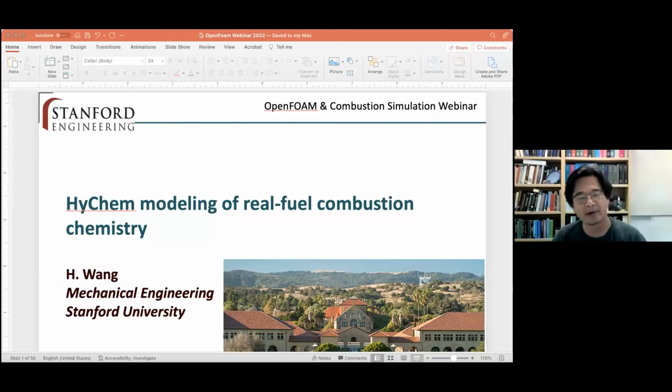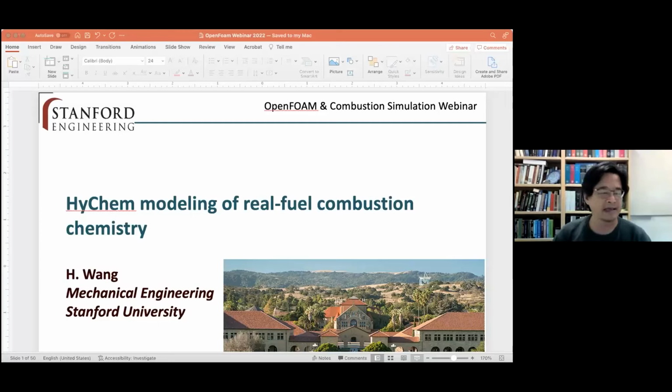Some of them are more known than others. GRI-Mech came out of an approach that came from a chapter of my PhD thesis that extended into a multi-university collaboration that led to GRI-Mech 1.1 and 2, and eventually 3.